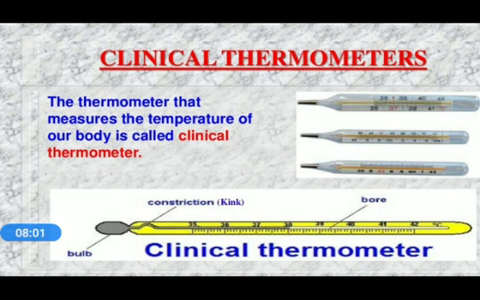It has three parts. In the starting you can see a mercury bulb, then there is a kink. We will discuss how important the kink is. And there is a bore and the measuring scale. That is the basic structure of a clinical thermometer.